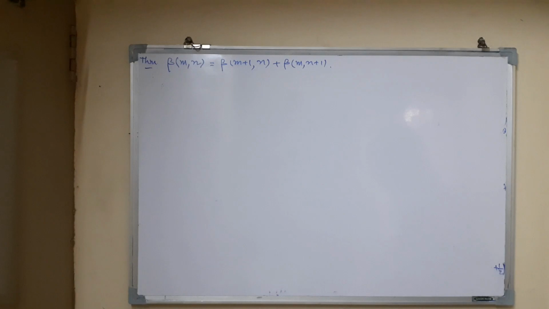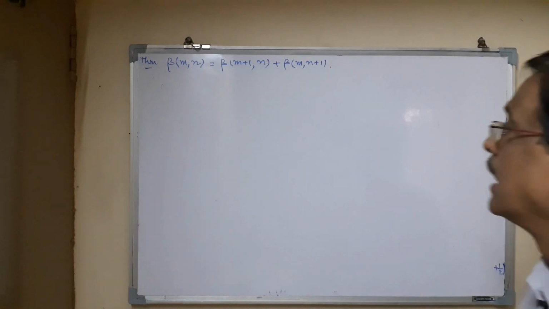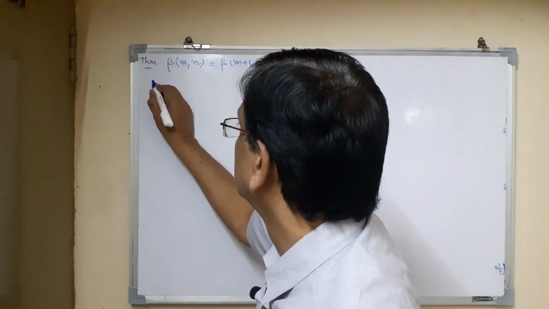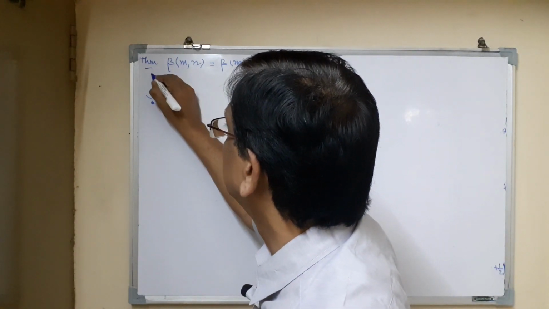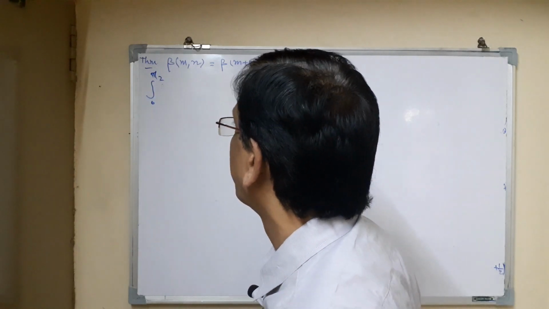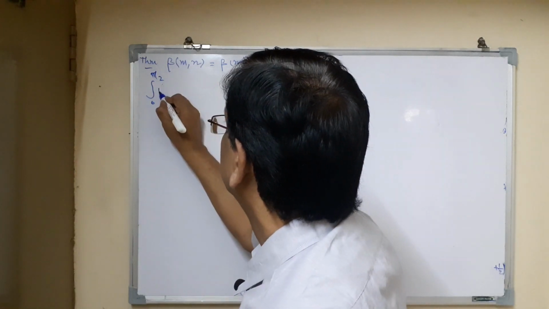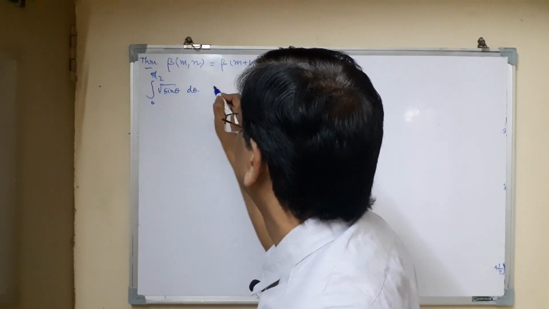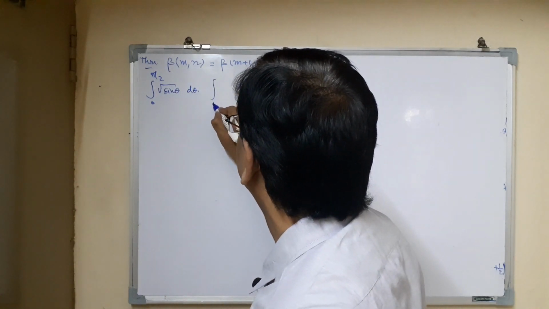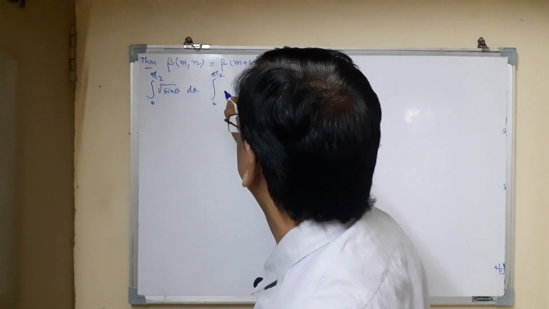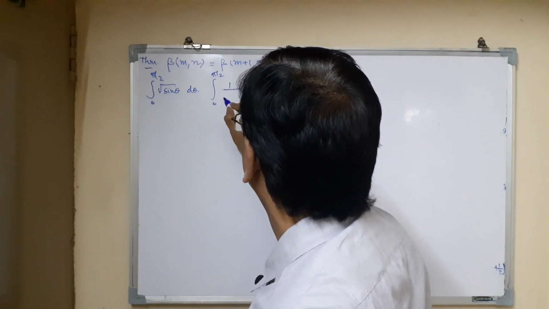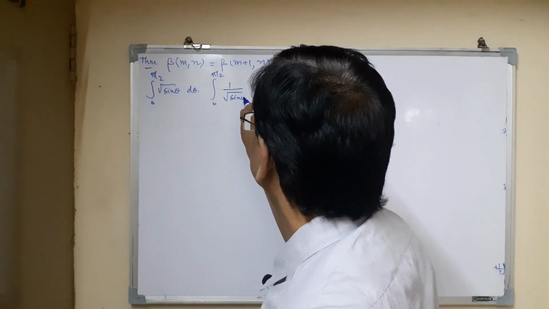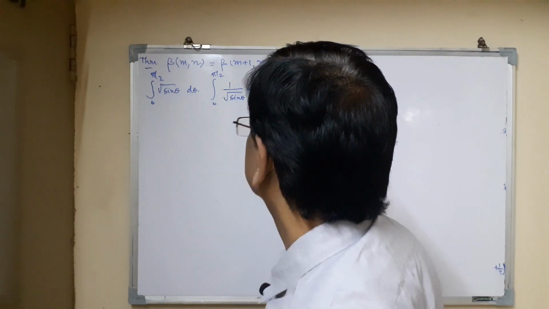But at this point of time, I would like to evaluate a small problem like: evaluate integral 0 to pi by 2 root sine theta d theta into integral 0 to pi by 2 1 over root sine theta d theta.